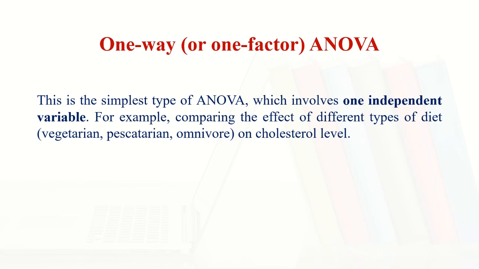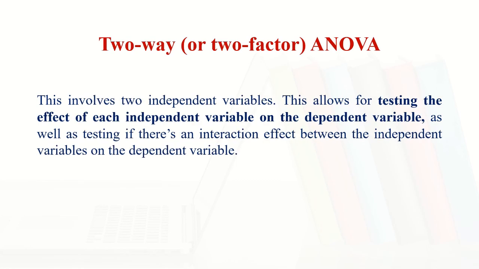But high, low is the level or medium is the level. But what is this? This is the factor. On the basis of this factor, we are going to calculate the level, right? So this is one way. Now two way, or two factor, involves two independent variables, and this allows for testing the effect of each independent variable on the dependent variable.